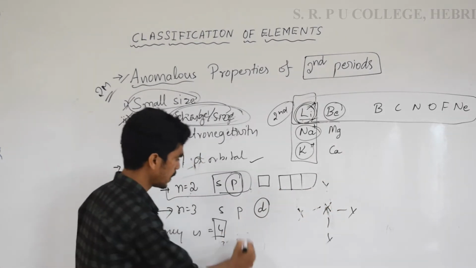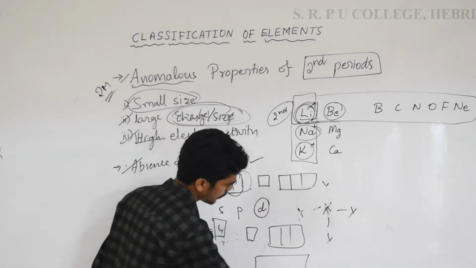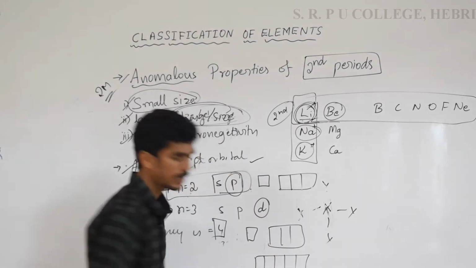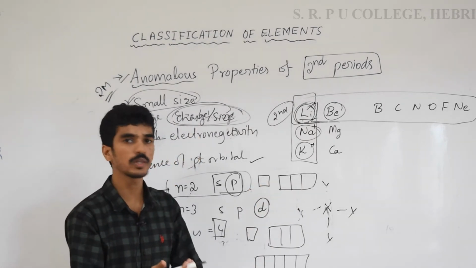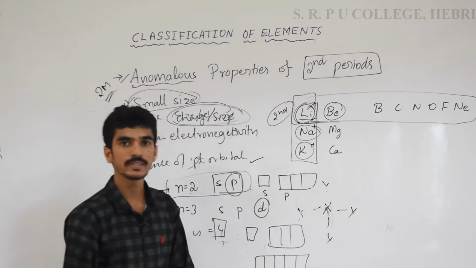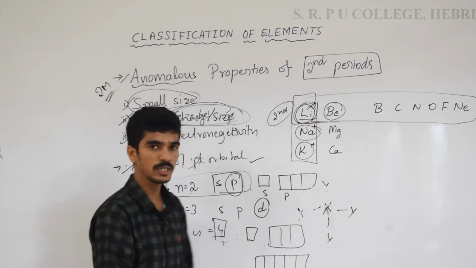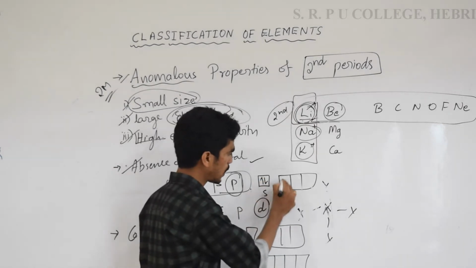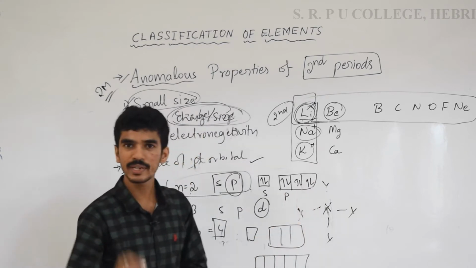What about the third period? S has 1, p has 3 and d has 5. So all these orbitals are involved in bond formation, s, p or d. Each orbital can be filled with 2 electrons, and those 2 electrons indicate 1 bond.